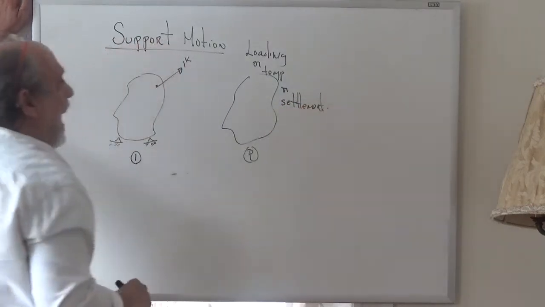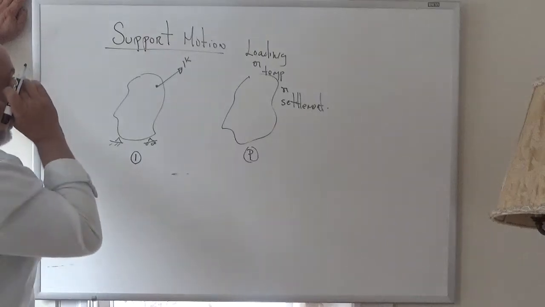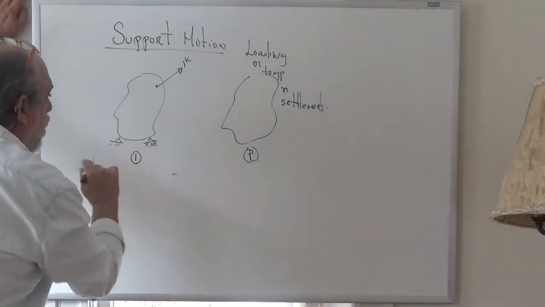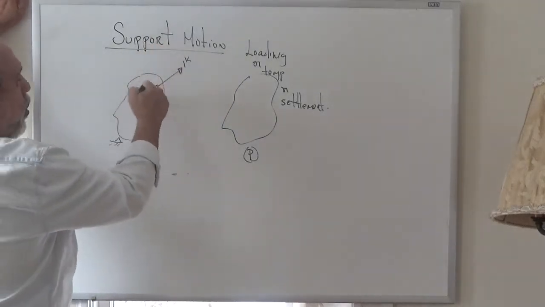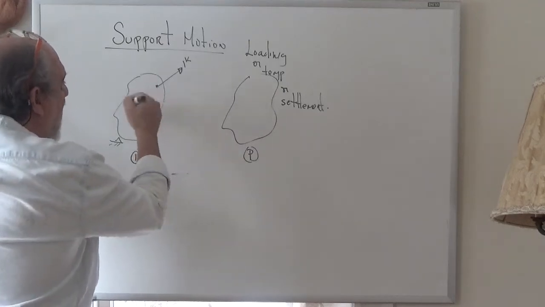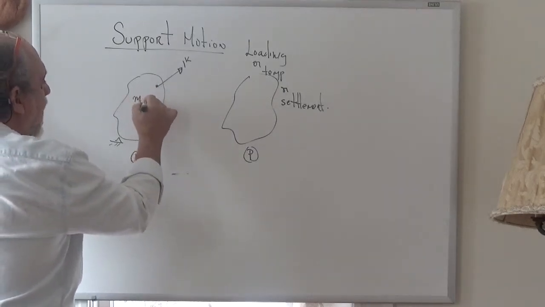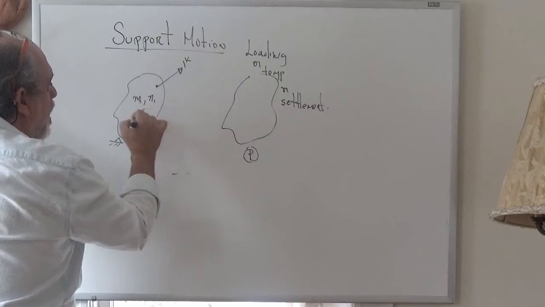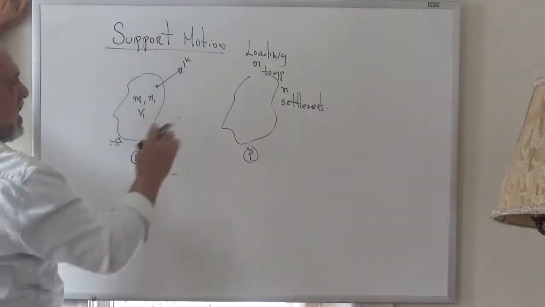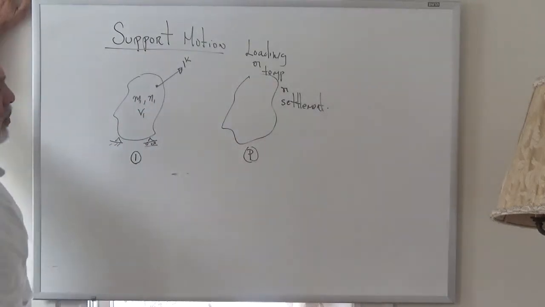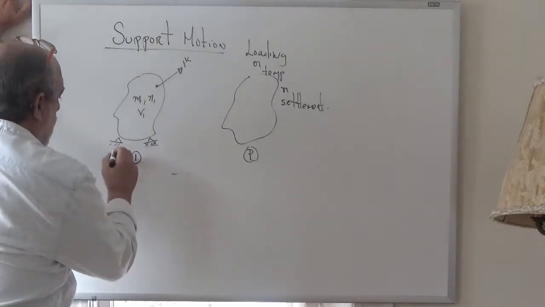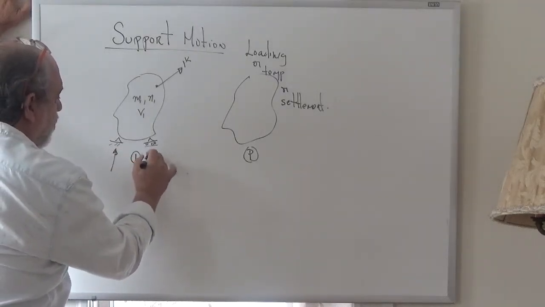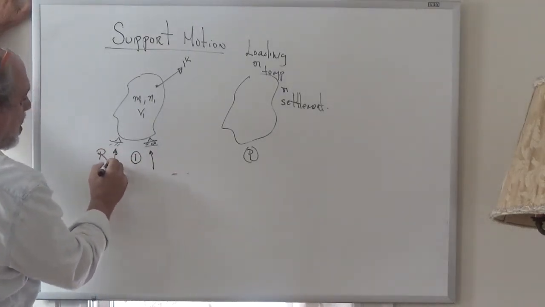Now, as opposed to before, when we had no settlements and I applied the unit load, all we were interested in was calculating M1, N1, and V1, right? And in this case we had the curvatures and so on. Now we also have to calculate the reactions R1.